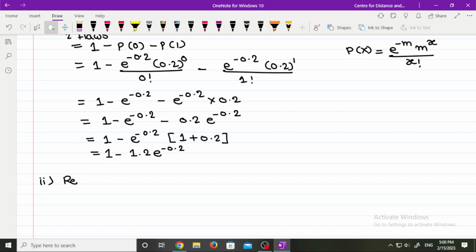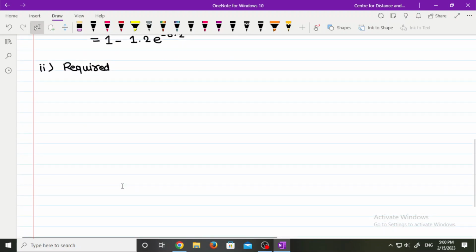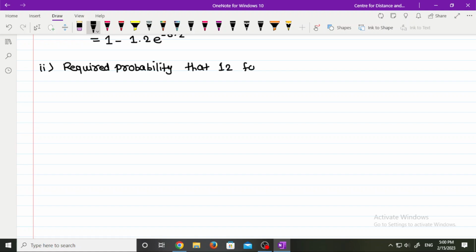Required probability that in a 12-foot roll there will be at least 1 flaw.